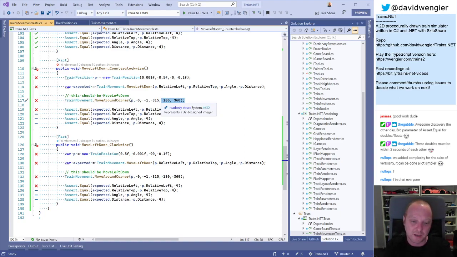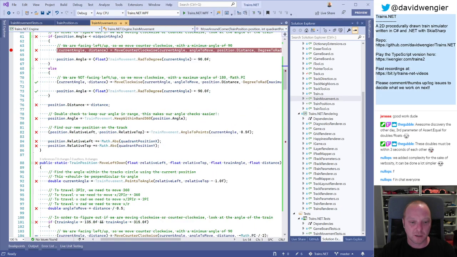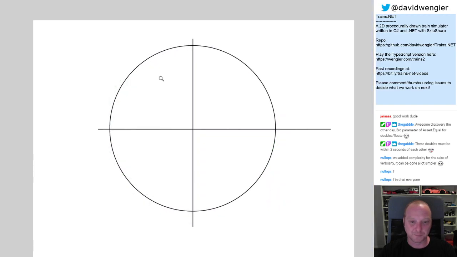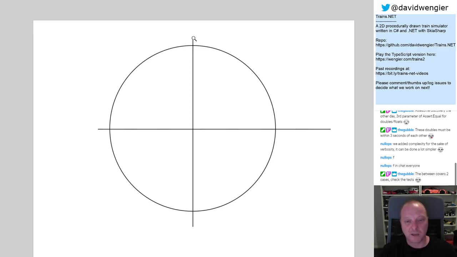Minimum, maximum. Alright, so this is move left down counterclockwise. So move left down to go counterclockwise is between 135 and 315. Okay, so left down, if it's going counterclockwise, it's coming in at 0, ending at 90.